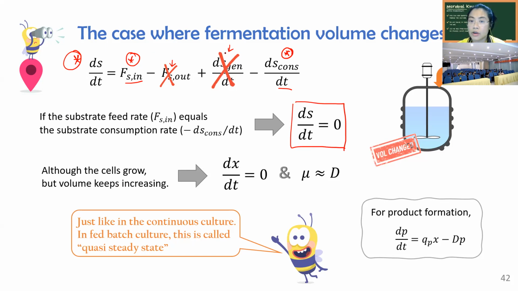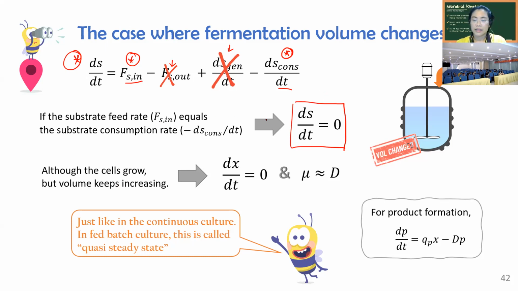So dS/dt is equal to 0, which is very familiar, right? Because this is what happens in continuous cultivation. In a continuous culture, if you reach the steady state, there's no change in substrate concentration either, so dS/dt is also 0.